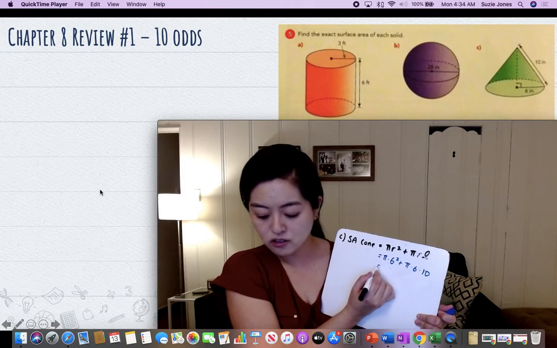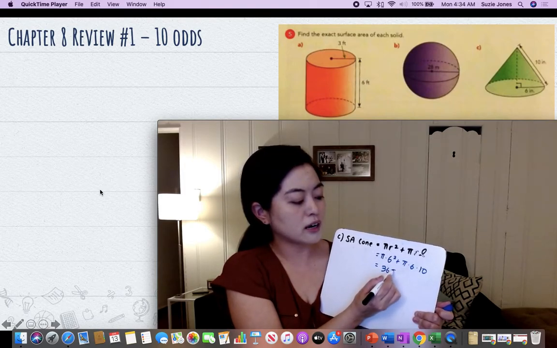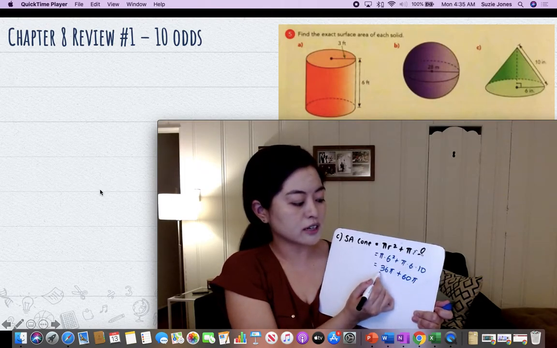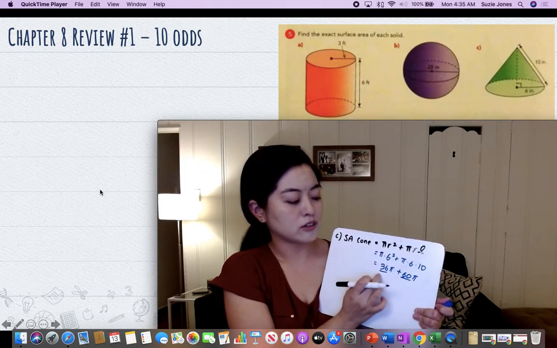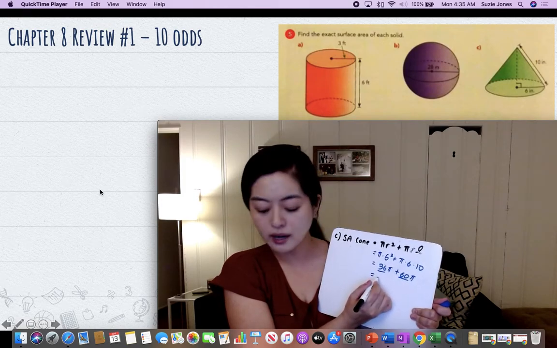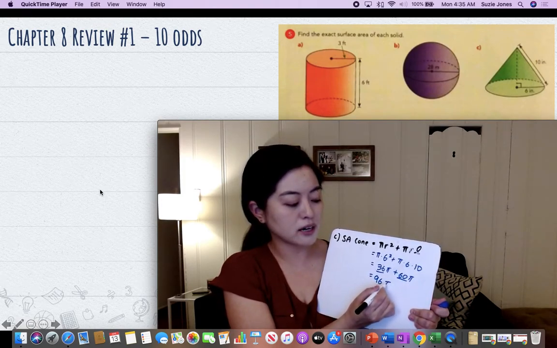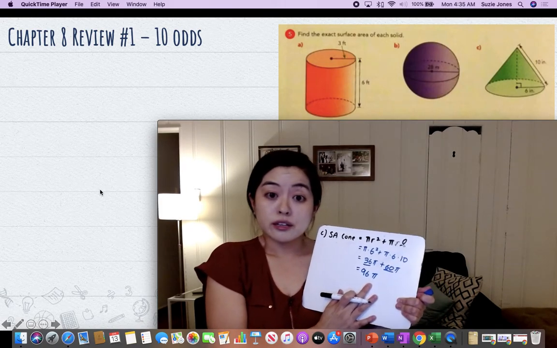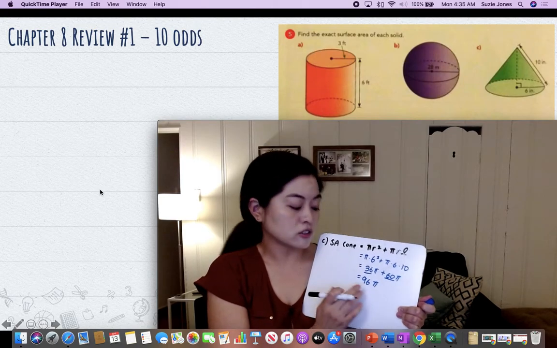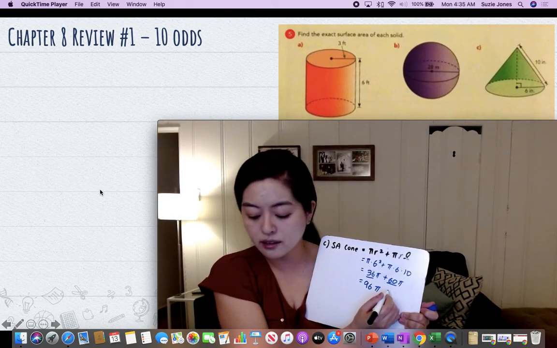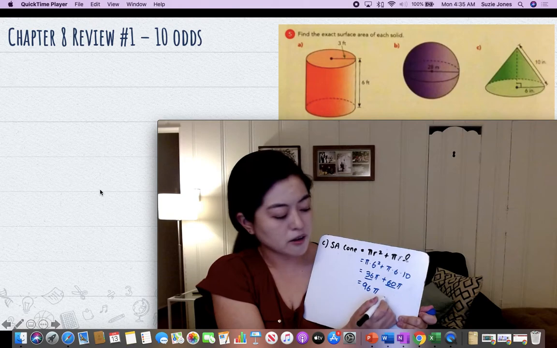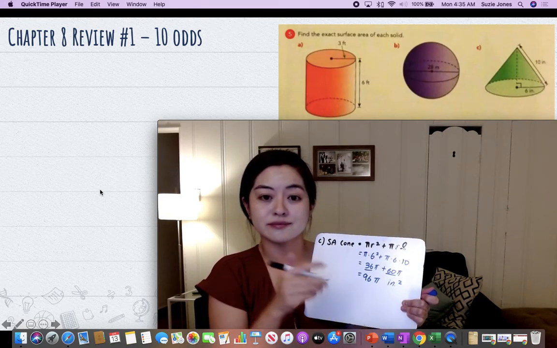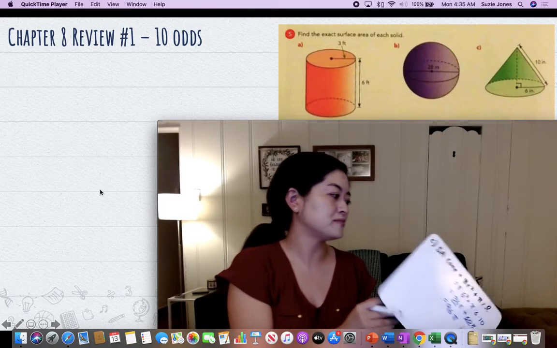And this becomes 36 pi plus 60 pi. We're just going to add the 36 and 60 and then multiply by pi, and that becomes 96 pi. And again, this is exact, so that's why we're leaving pi in our answer, 96 pi, and our units are square inches.